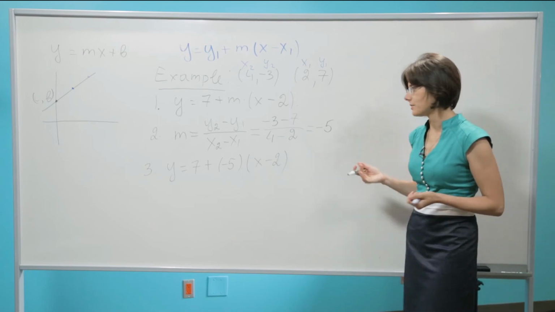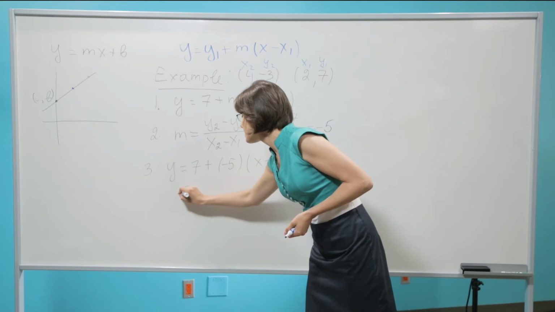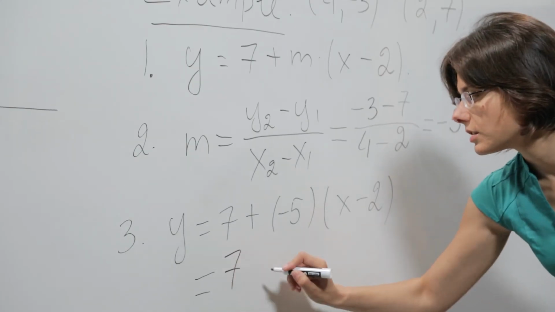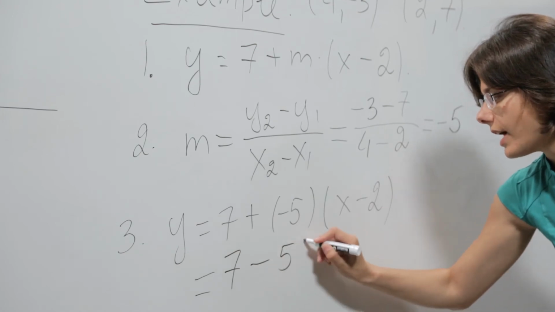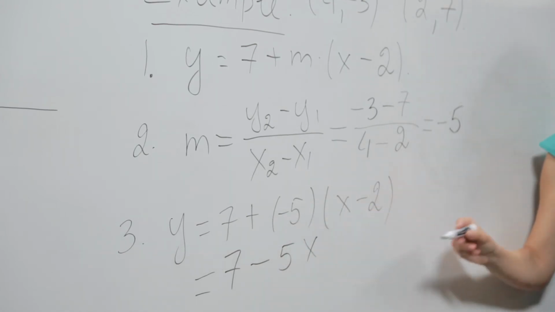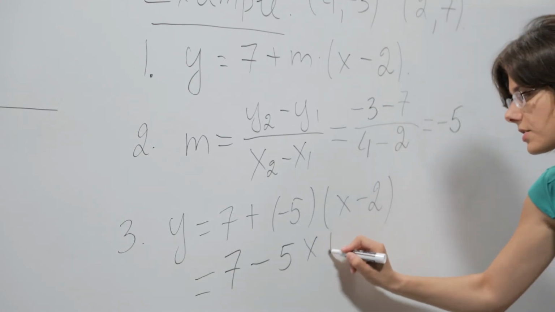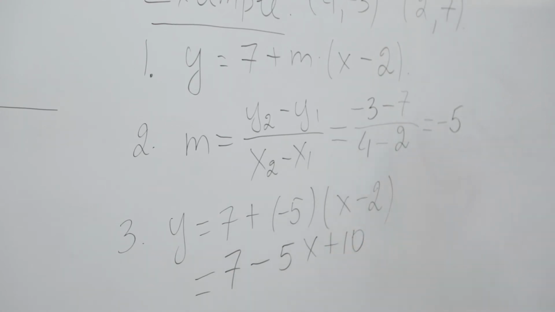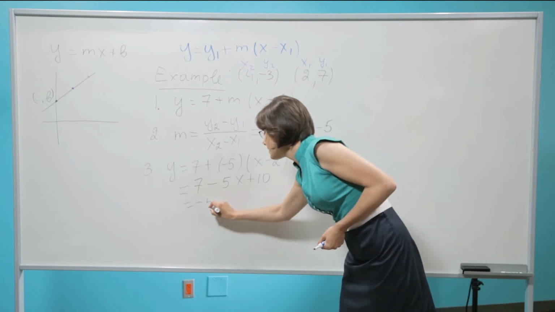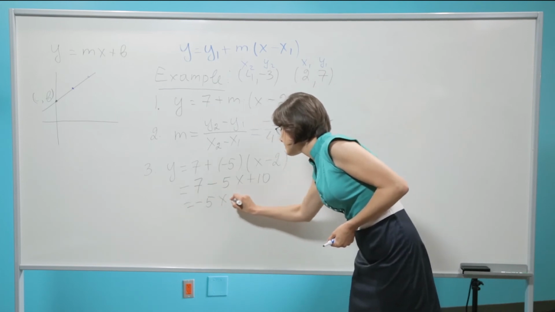If I open the brackets and simplify, what am I going to get? 7 minus 5x, and now multiplying -5 and -2 will give me a positive sign, plus 10. So it's equal to -5x plus 17.